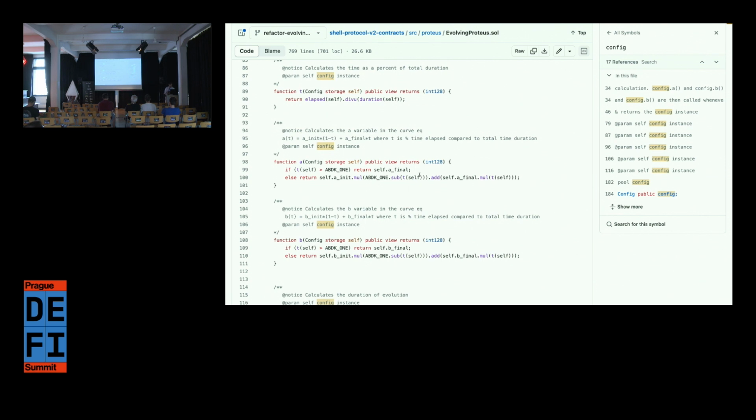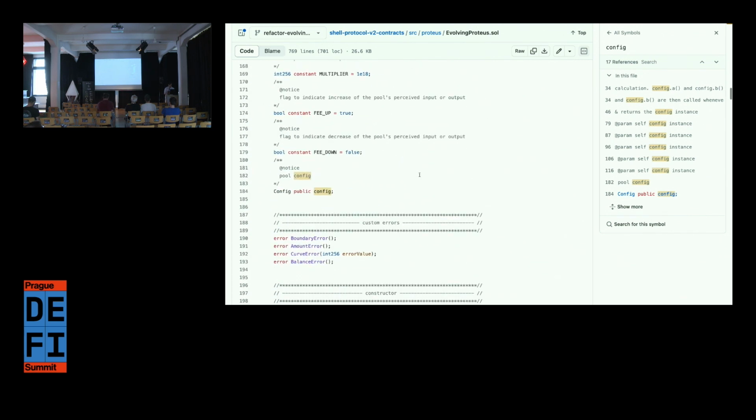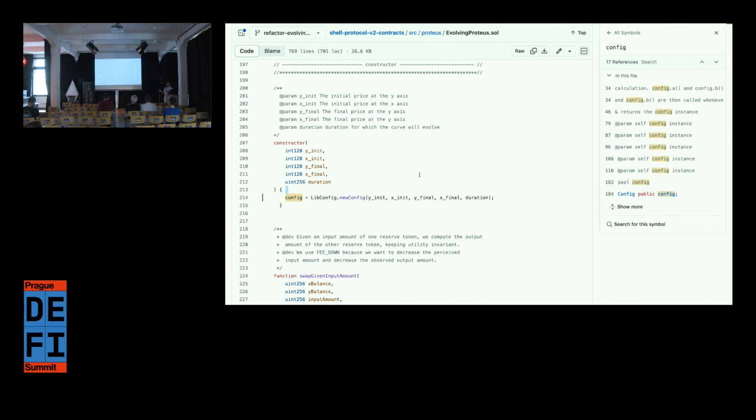All the operations done on the pool modify A and B in real time, and we use those values to identify what the curve looks like now, and then calculate the LP amounts or the amounts you get on a swap accordingly.